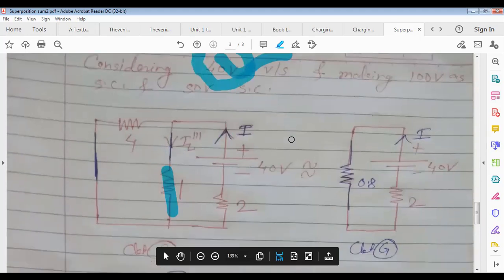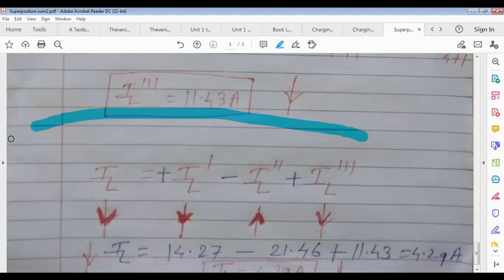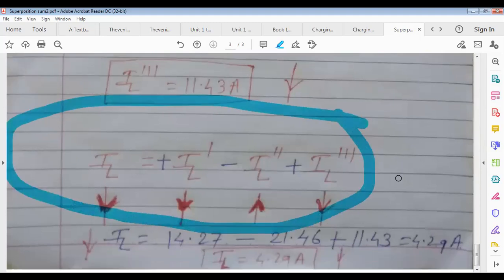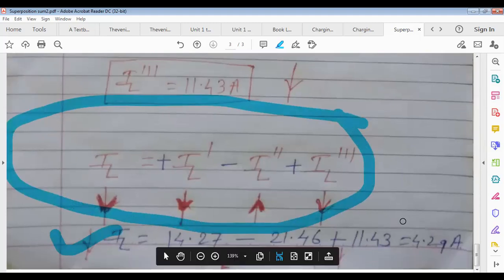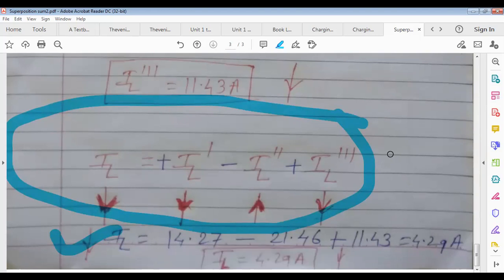And then we take their algebraic sum, and we find out the current flowing through 1 ohm resistance when all 3 are there. This type of sum is lengthy because it has 3 sources.